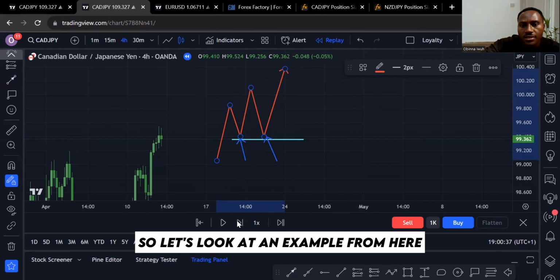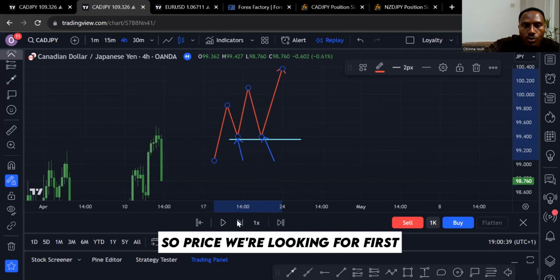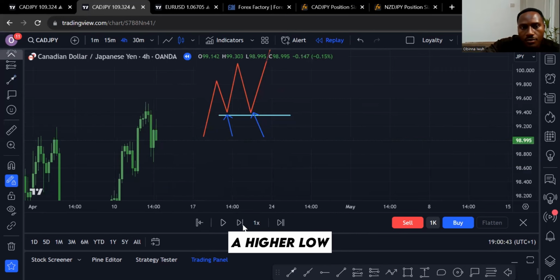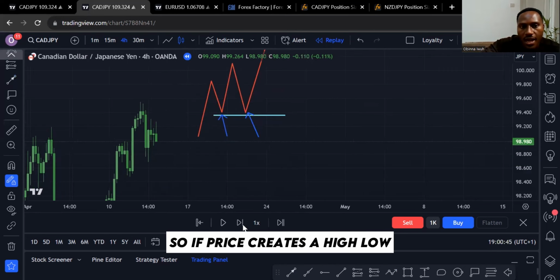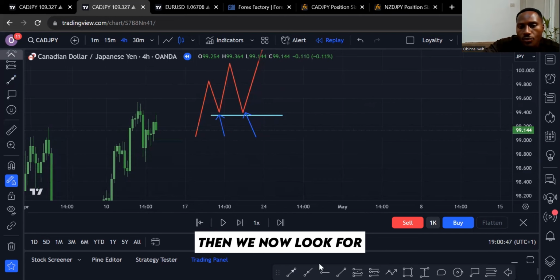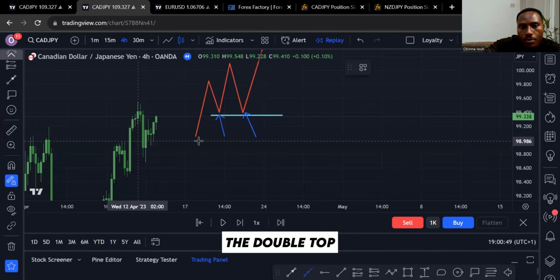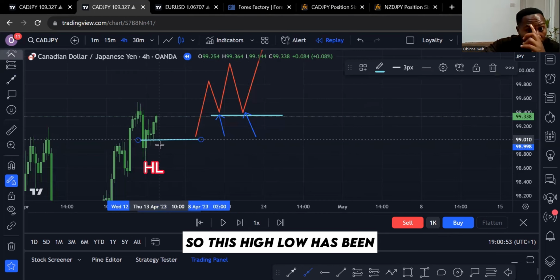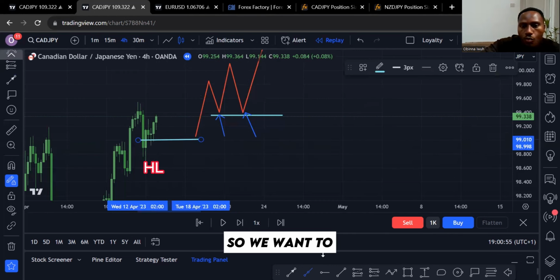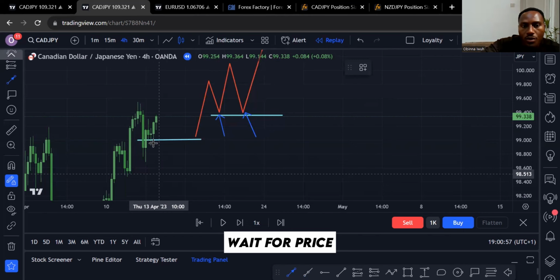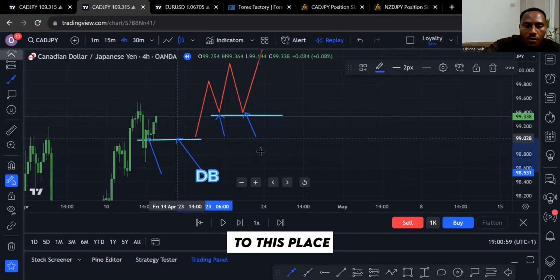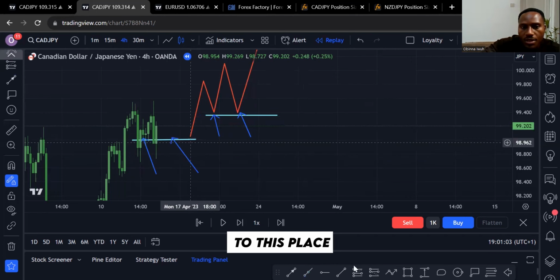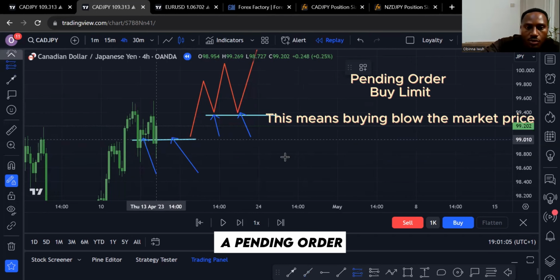So let's look at an example from here. We're looking first for a higher low. If price creates a higher low, then we look for the double bottom pattern. This higher low has been established here, so we want to wait for price to come back to this place for us to take the trade. Now price has come back to this place, and we can take a pending order.